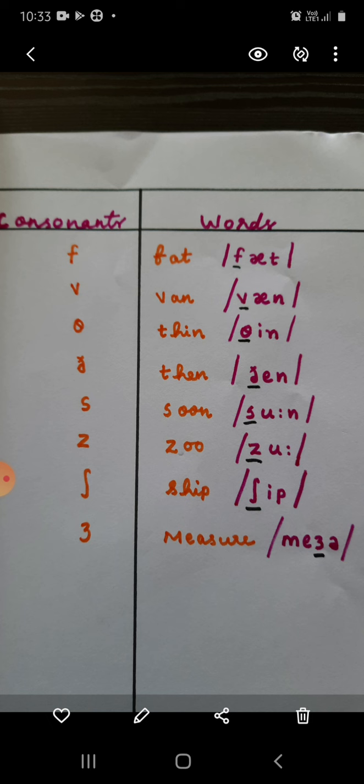How to write E sound? Small letter I is pronounced as E sound. Then N, and closing it with a slash. Clear? So the example provided here is thin. And you find out how to write thank you. Clear? Ready? We'll pass on to the next sound.